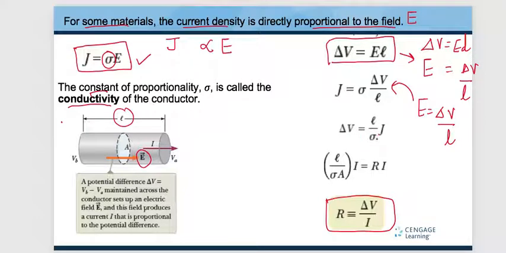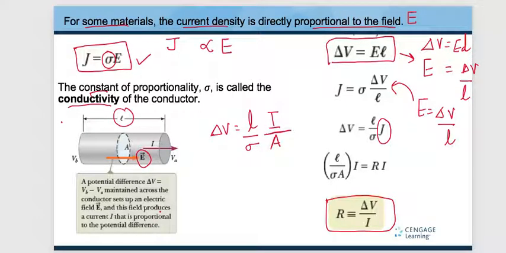We rearrange the formula. You can see that we have rearranged. After rearranging, we are going to replace this J with its definition. So delta V is equal to L over sigma. What was J? It is current per unit area.